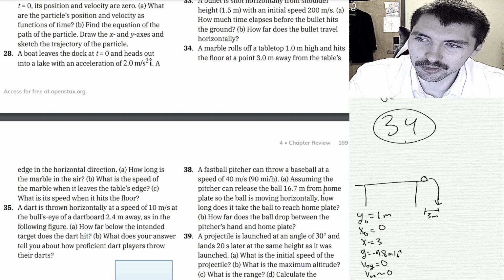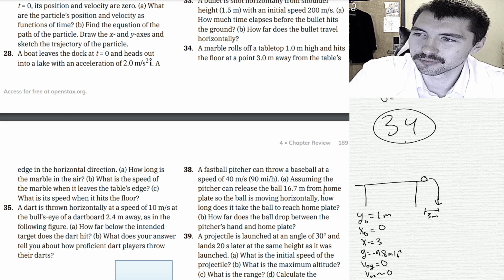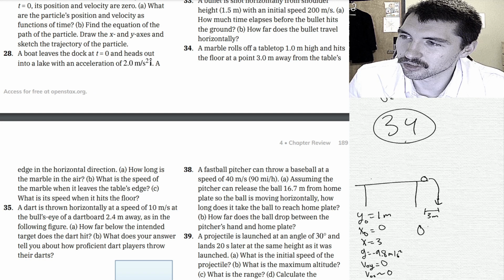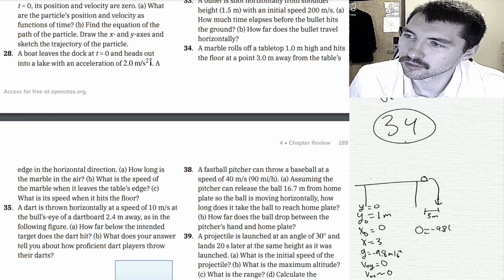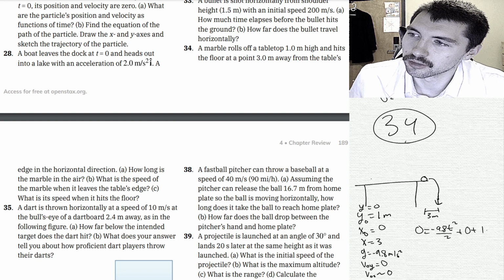Okay, so they want to know how long it's in the air. We know the final y is 0, and we're solving for t. 0 plus 1.